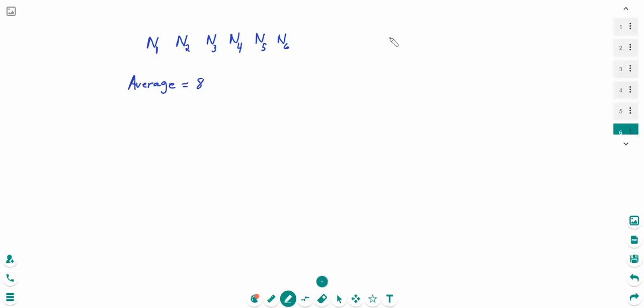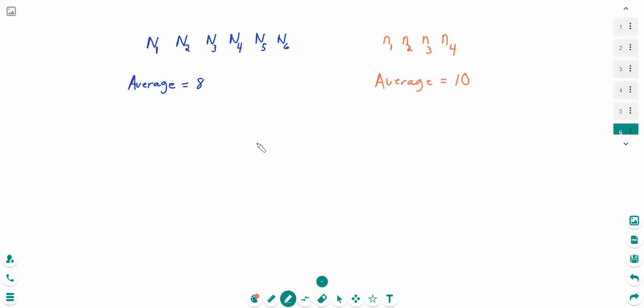So I'll call these guys lowercase n, lowercase n1. So I found another number 1, and then a second number, and then a third number, and then a fourth number. So I found 4 more numbers afterwards, and I found that their average is 10. Okay?